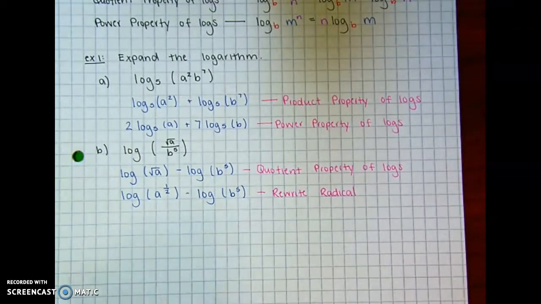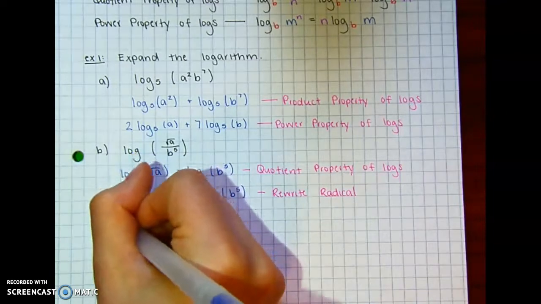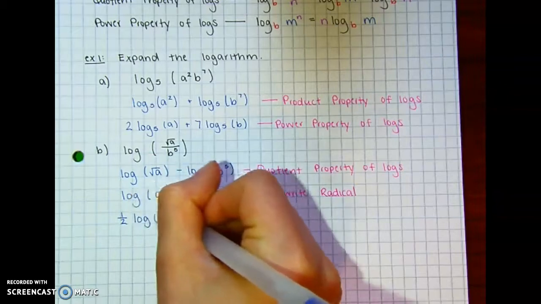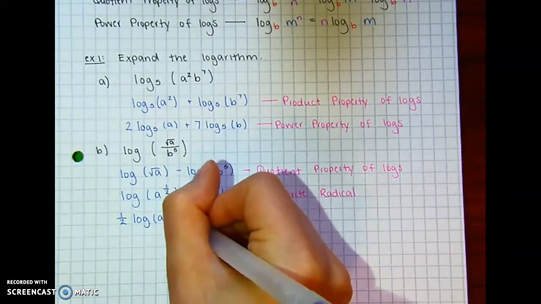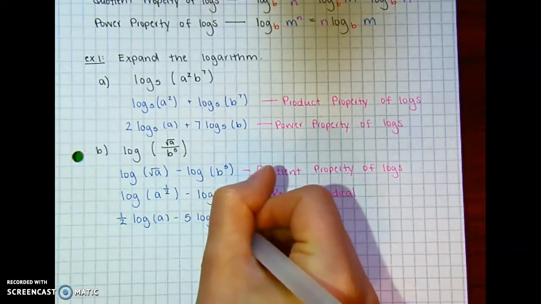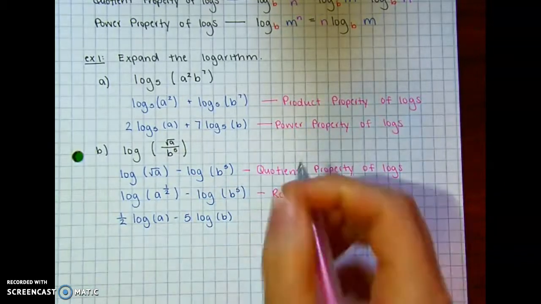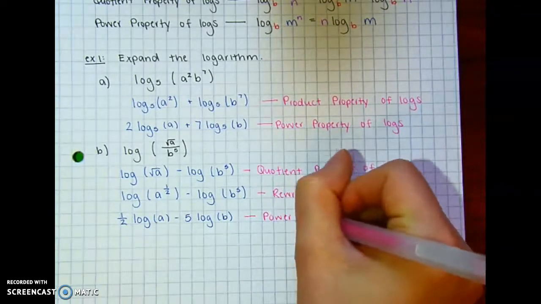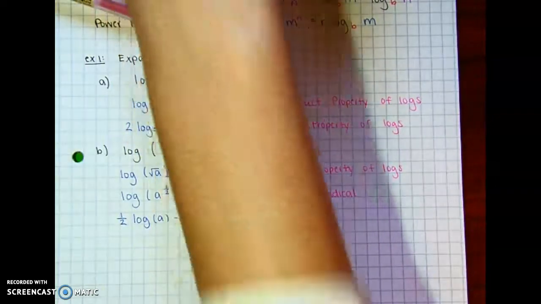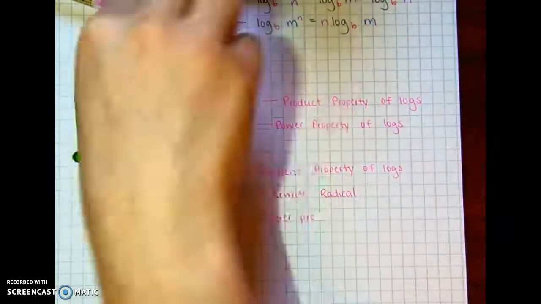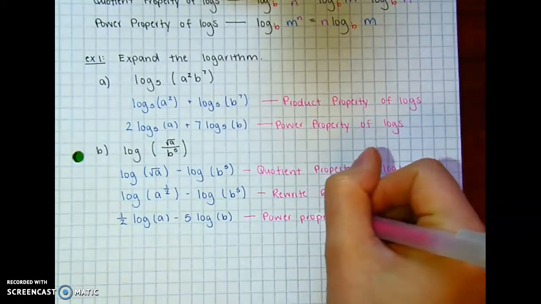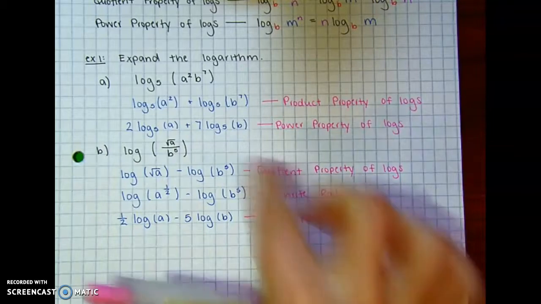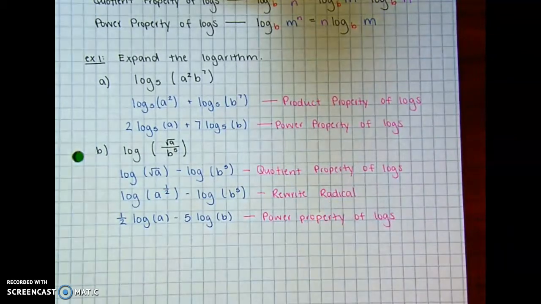So I'm going to use the power property of logs. And this is going to become 1/2 times log of a minus 5 log of b. And now we are done with this problem. And that was again the power property. Okay, so those are 2 examples of expanding.